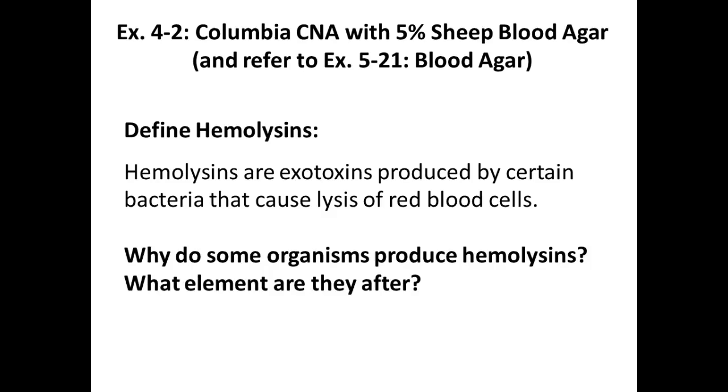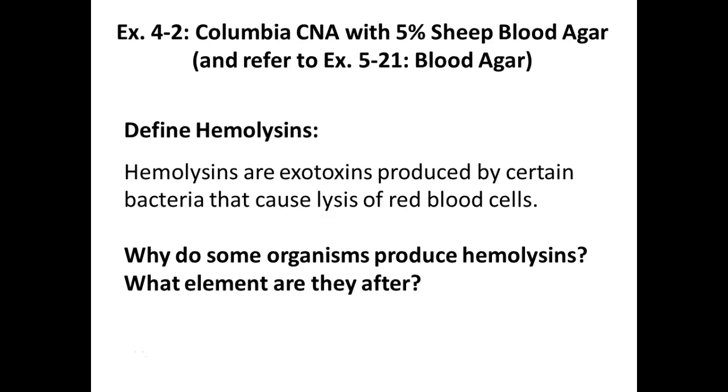So why do some organisms produce this? Think about this. A red blood cell, what's inside that red blood cell? Food, right? Nutrients, proteins. There is a particular element that's in a really high concentration in our red blood cells that bacteria are also after because they need it for their metabolism.